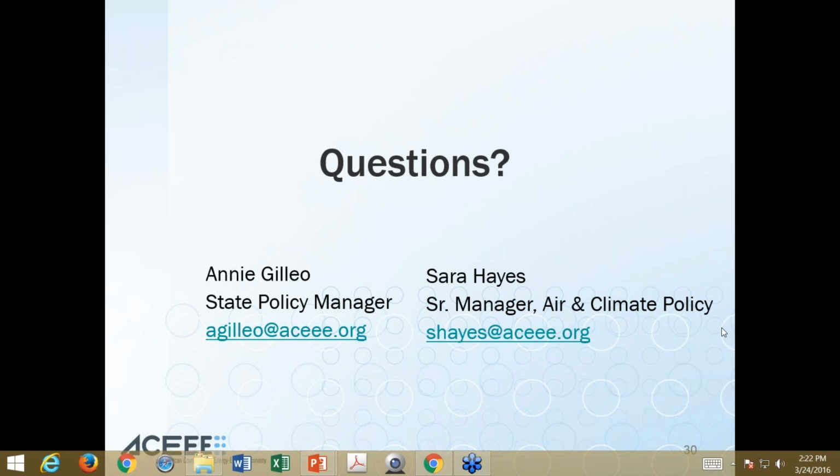One of the key pieces of the puzzle is decoupling, essentially breaking the link between utility sales and the amount of revenues they're able to earn. That makes them sort of neutral when it comes to energy efficiency, because their revenue doesn't depend directly on the amount of sales they're able to sell to customers. They can invest in energy efficiency without any concerns that it will eat away at their bottom line.